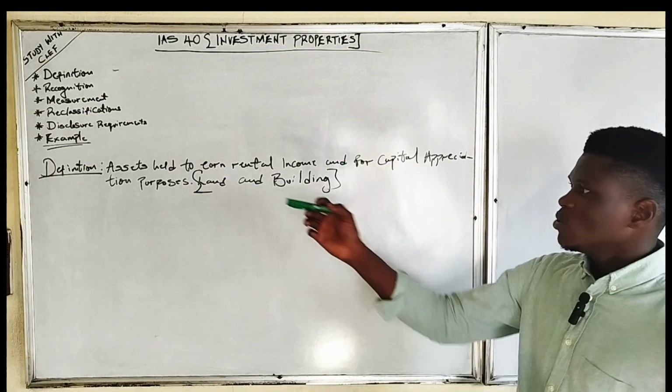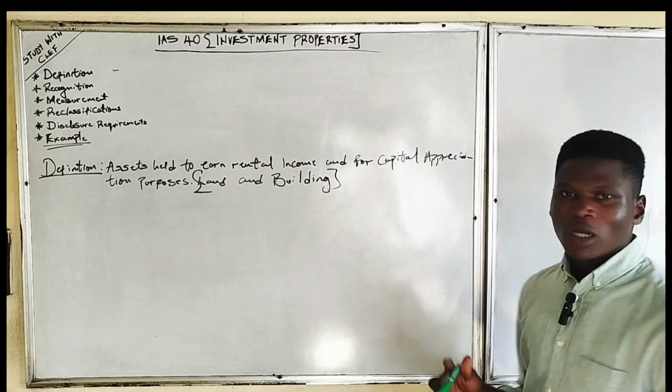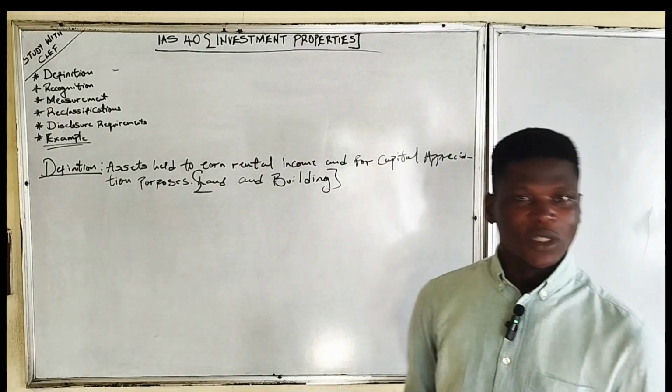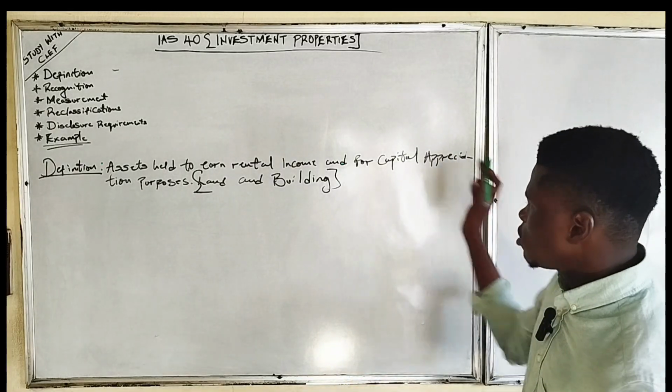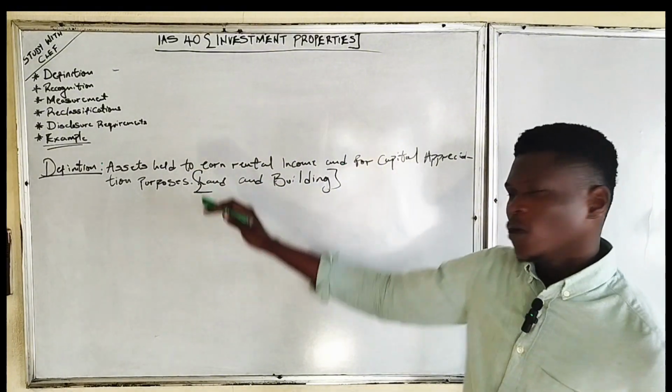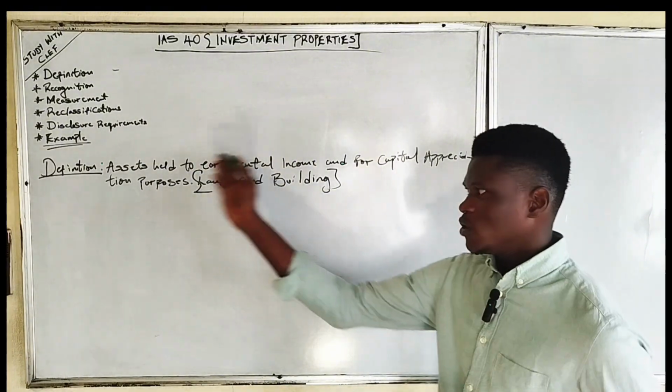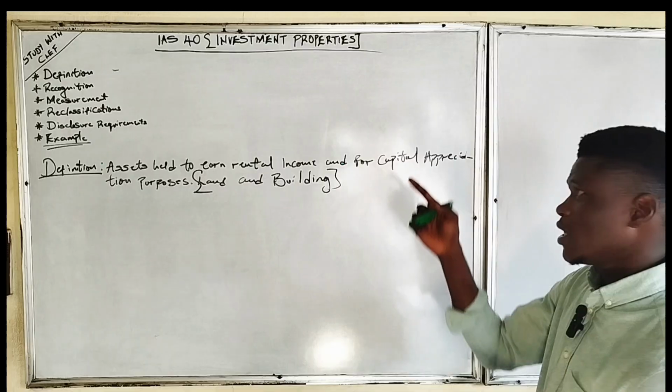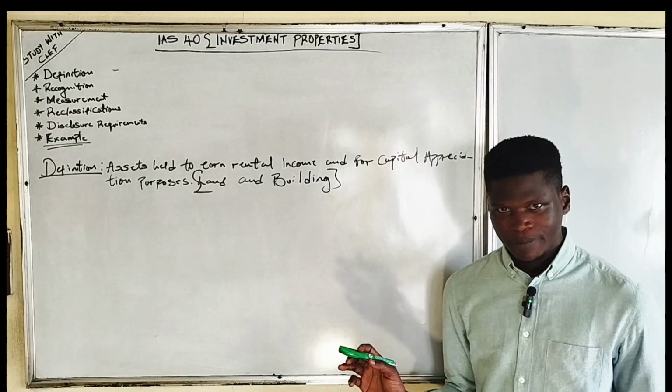So for IAS 40, we say assets held for rental income and for capital appreciation, meaning that any other asset held for any other use outside this definition should not be regarded as an investment property.